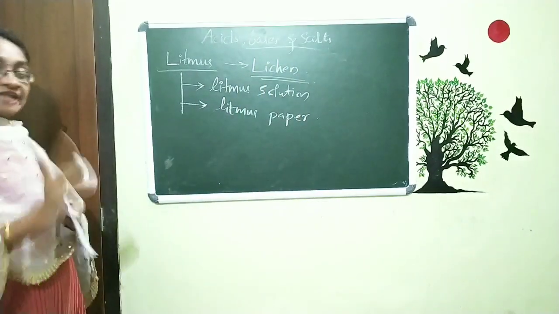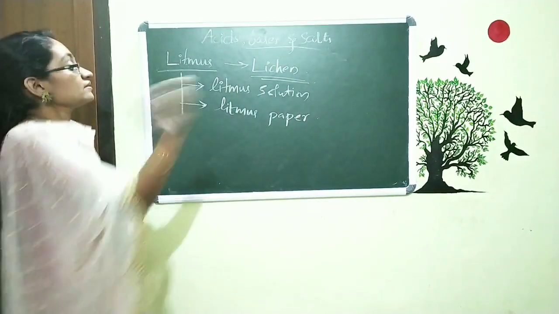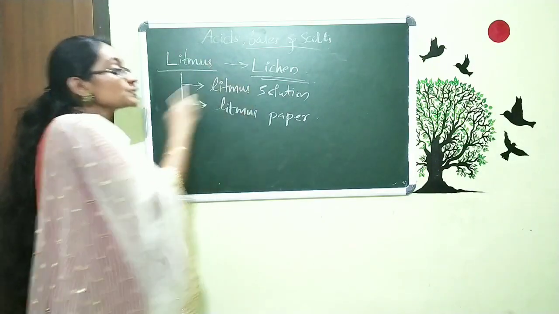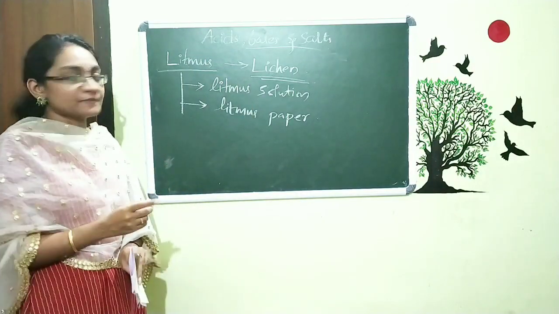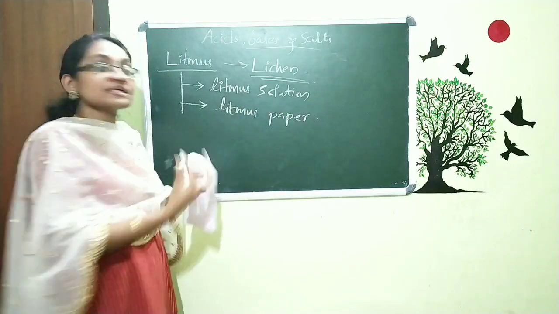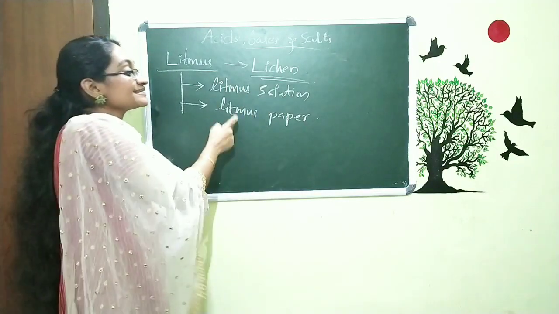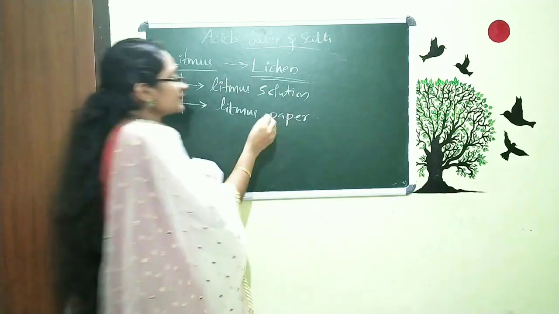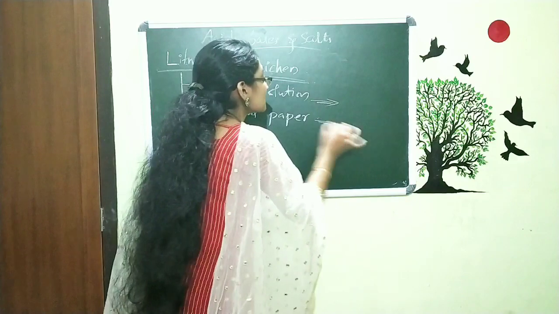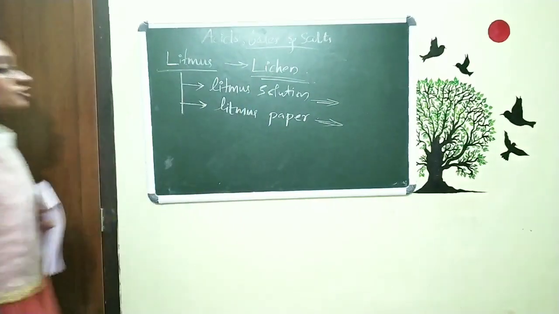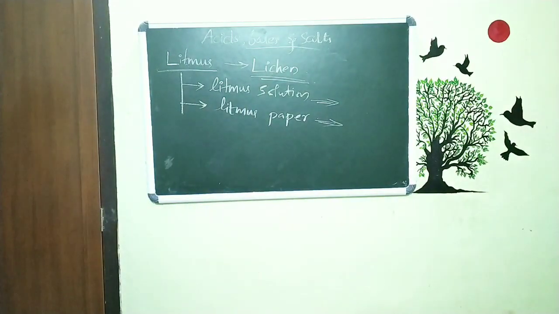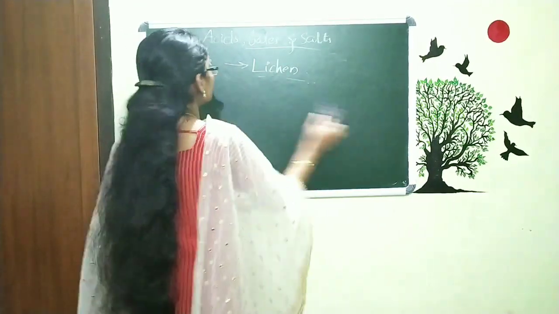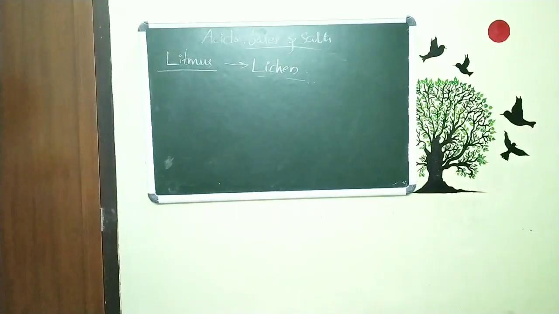The litmus solution is in liquid form and the litmus paper is in solid state, so the result is also different. Now we are going to look at what results we get from the litmus solution and the litmus paper.